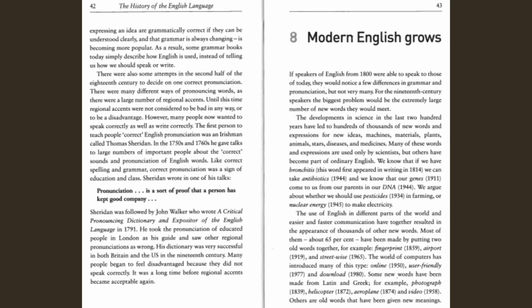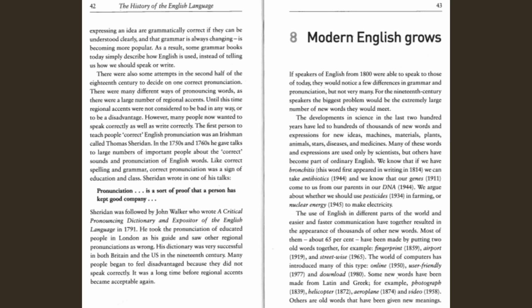instead of telling us how we should speak or write. There were also some attempts in the second half of the 18th century to decide on one correct pronunciation. There were many different ways of pronouncing words, as there were a large number of regional accents. Until this time, regional accents were not considered to be bad in any way or to be a disadvantage. However, many people now wanted to speak correctly as well as write correctly.